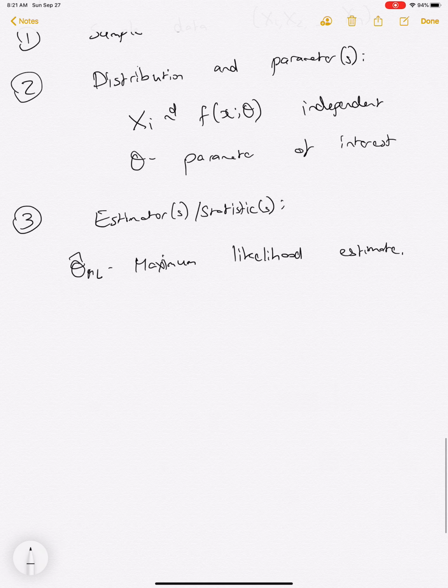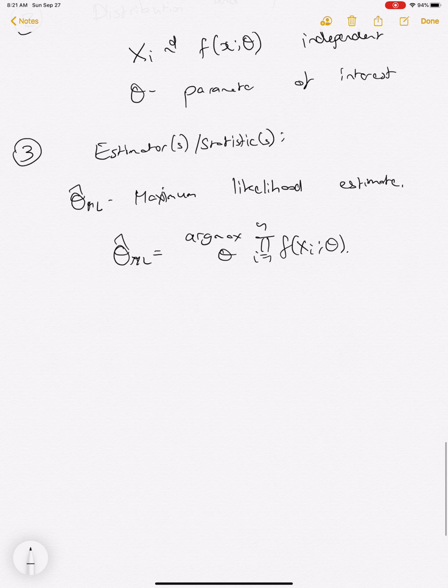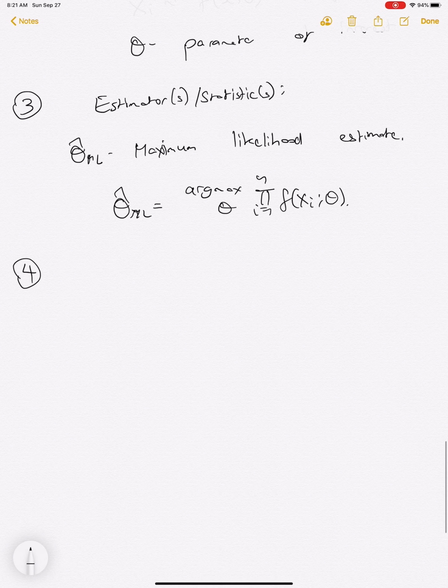Okay. And so we've covered the first three components of this framework, and now we ask the question, which is the fourth and fifth components of the framework.